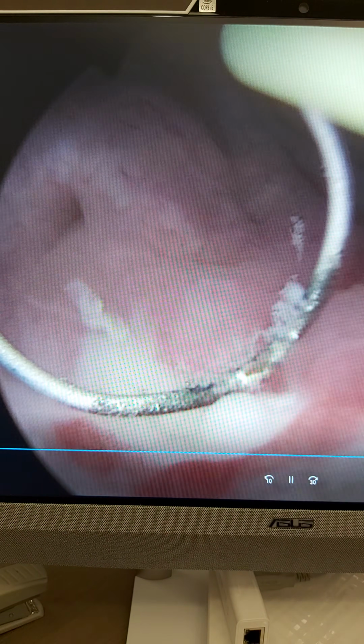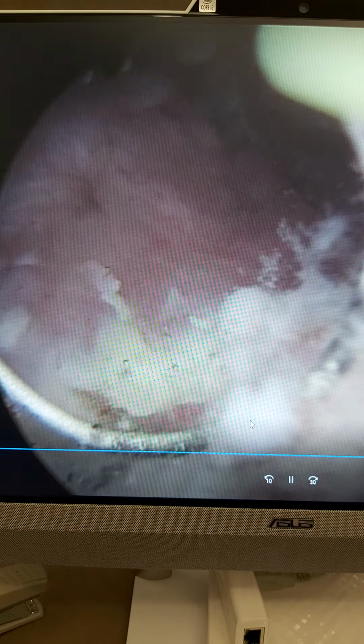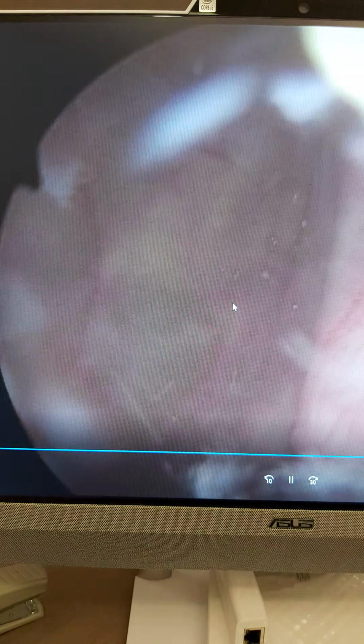We continue the fulguration and, if necessary, resection, and we try to destroy all the diseased tissues. Here, this is a ball. As you see, sometimes we can make them disappear by fulguration, sometimes by resection.